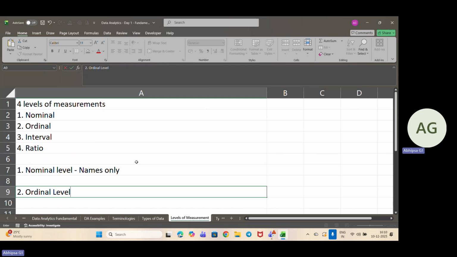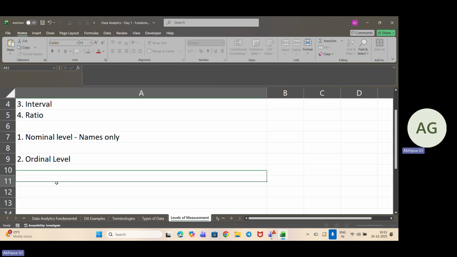So with ordinal data, the order exists but not the exact difference. That is the exact thing about ordinal. You can't do addition or subtraction over this kind of data. So that is the ordinal data.